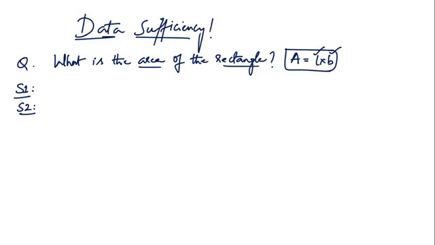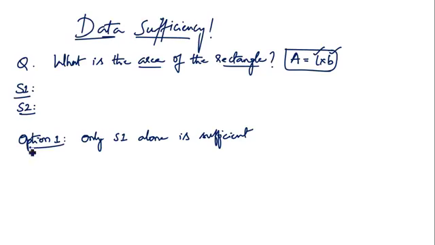So let me give you the possible answer options for such questions, right? Option 1 says only statement 1 alone is sufficient. I'm just giving it to you in a simple format, right? Option 1 says data given in only statement 1 alone is sufficient and statement 2 alone is not sufficient. Option 2 says only statement 2 alone is sufficient, right?